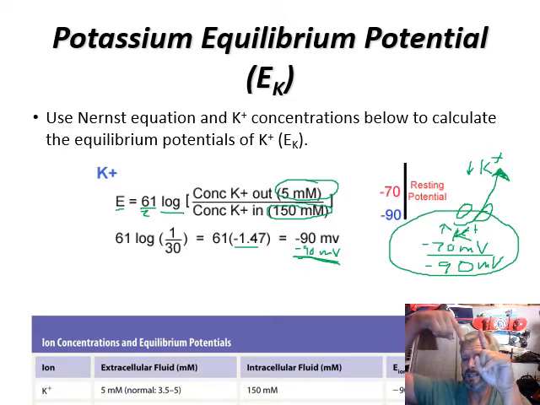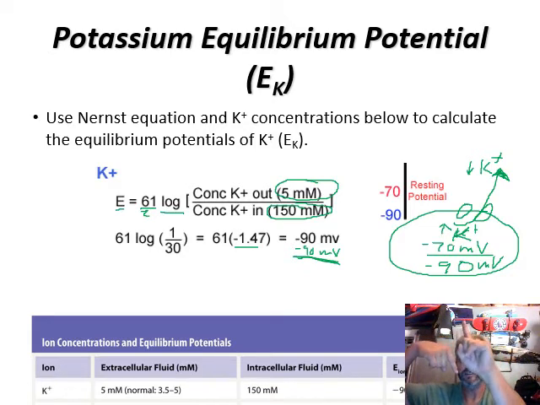There's a force saying, hey, I want you to stay here. As the membrane potential becomes more and more negative, the force becomes greater. At a certain point, these two forces, the concentration gradient saying go this way and the electrical force saying stay in, equal, and potassium will not diffuse in or out.